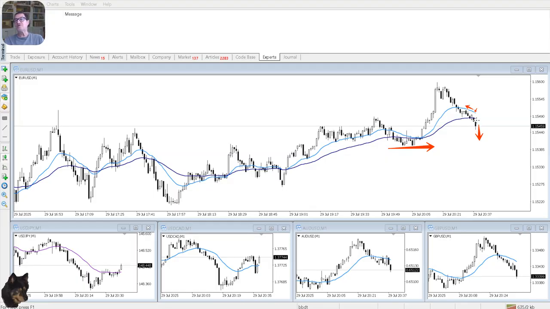Then I would make sure that price is equally below the fast MA, and then I would enter, more than likely if the previous bar indicated a bearish bar. I would then enter a sell position based on where support and resistance levels are at the time of entry.